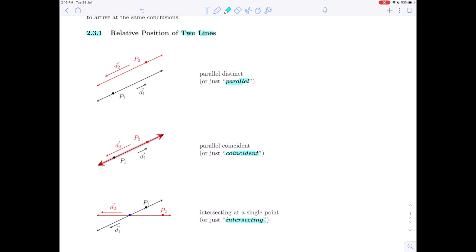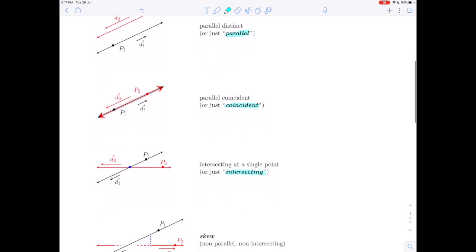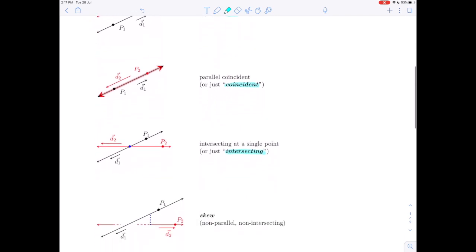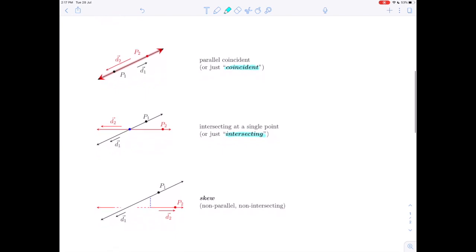Now these three cases exist in R2, in two-dimensional space. They are also possible in R3, but in R3 there is a fourth possibility. There's a fourth case that I expect you are not as familiar with, and that is a case that we talked about a little bit in a previous video when we talked about lines in R3 not needing to have intercepts at all.